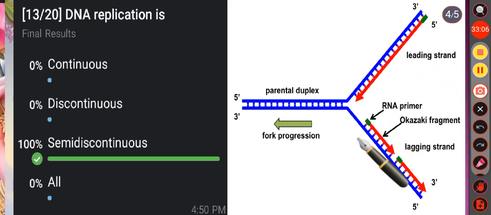But in the other parental strand, which is 5' to 3' direction, the new strand forms in the 5' to 3' direction by formation of Okazaki fragments. So it is discontinuous. So two strands are formed in a continuous and a discontinuous manner. So the DNA replication is semi-discontinuous, right?